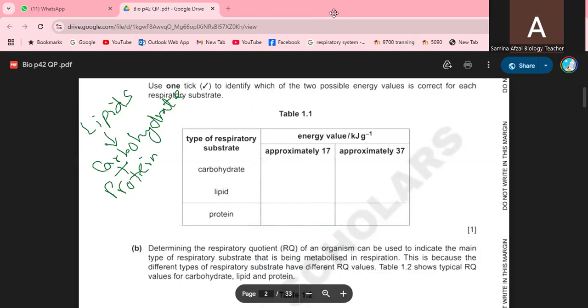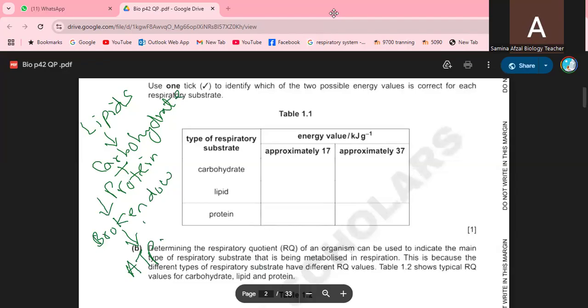When any of these molecules, the lipids, carbohydrates or proteins, are broken down, ATP is produced or energy is released. So during respiration, hydrogen atoms play a vital role. The substrate molecules are broken down and the hydrogen atoms become available.